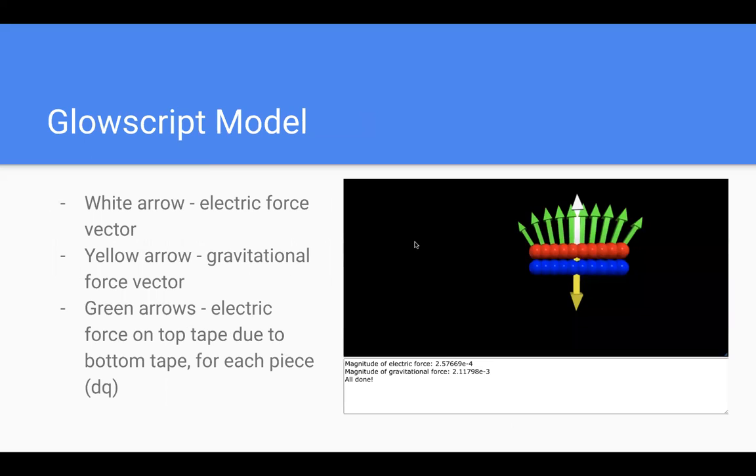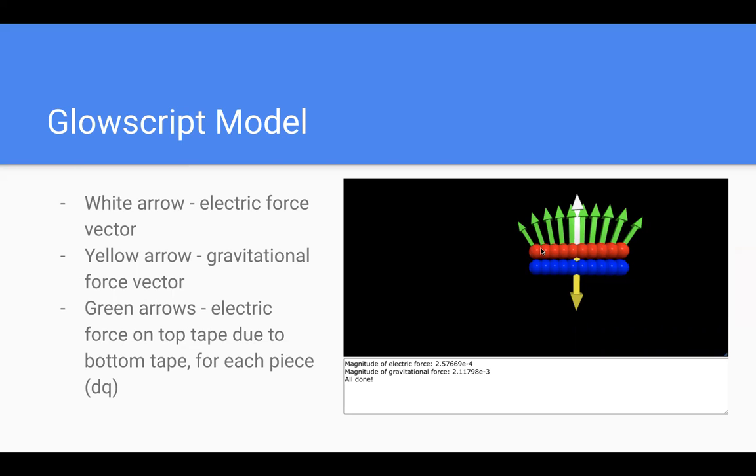With my GlowScript model, the white arrow is the electric force, the yellow arrow is the gravitational force, and the green arrows are the electric force on the tape due to the bottom tape for each piece. You can see there are two pieces of tape floating, and it's supposed to be even so that they're suspended in the air.